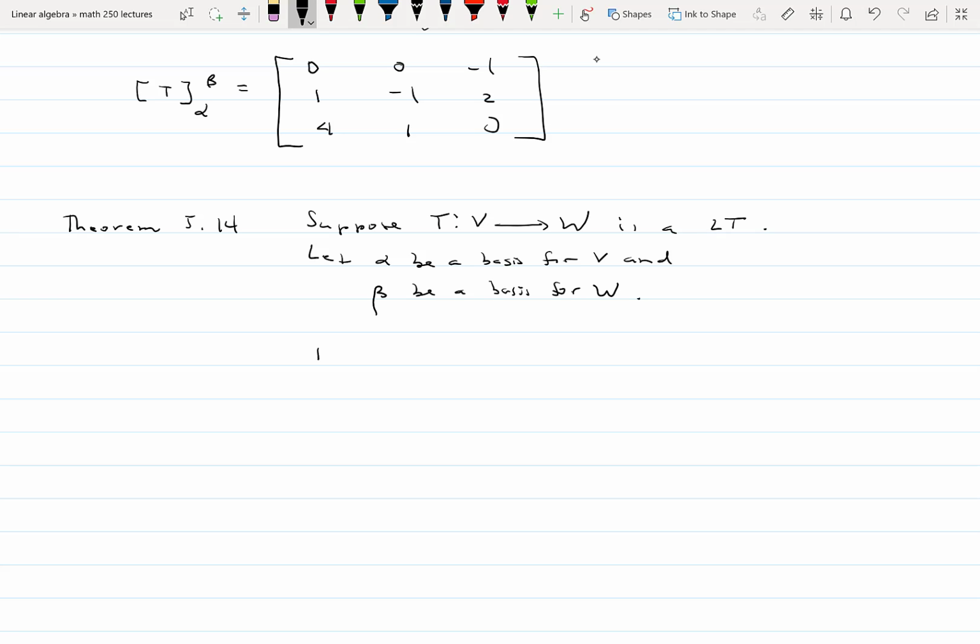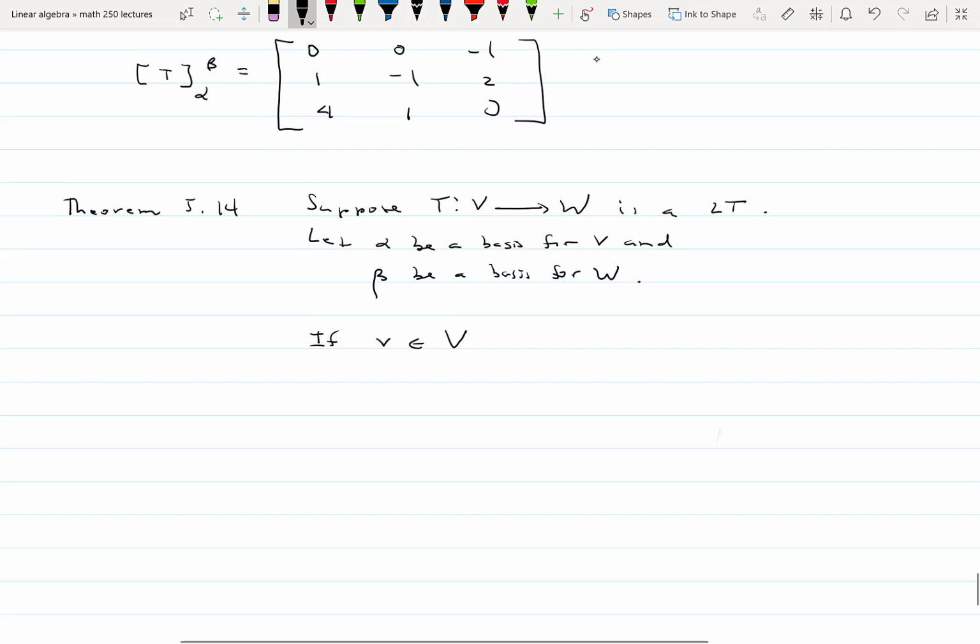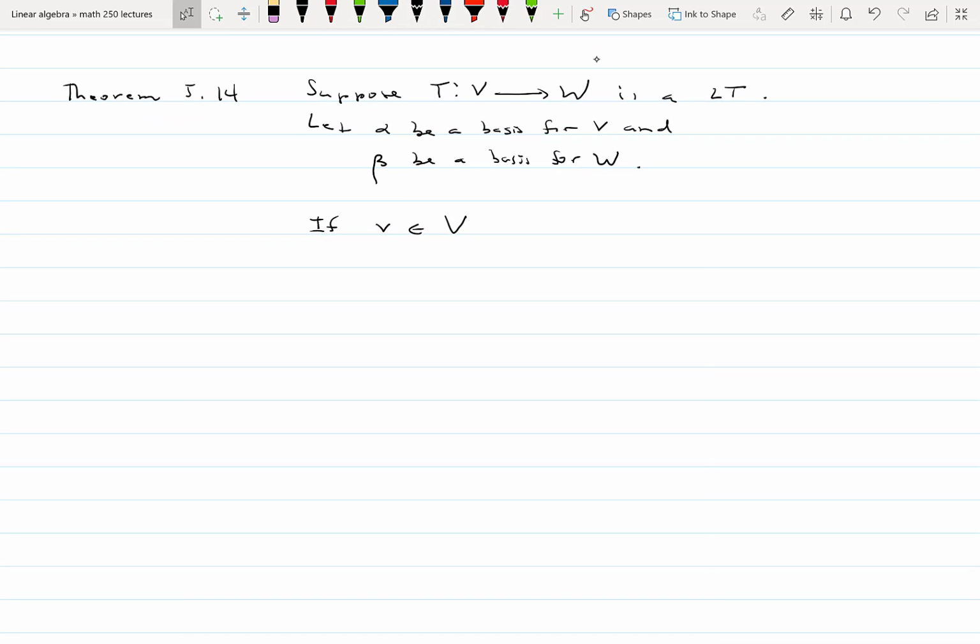Now here's the big result. If V is in the vector space V, this is the huge result for this section. This is not a matrix transformation. These vector spaces could be very, very abstract, non-matrix vector spaces.